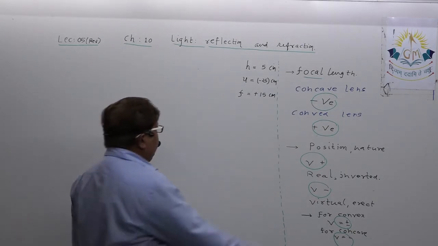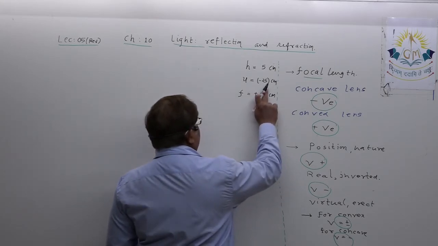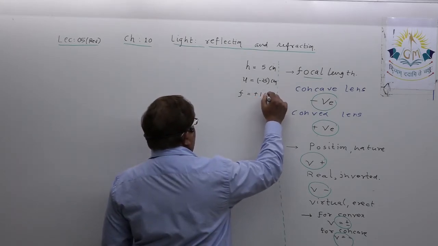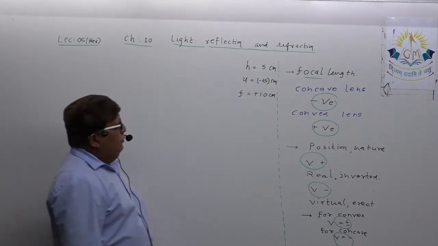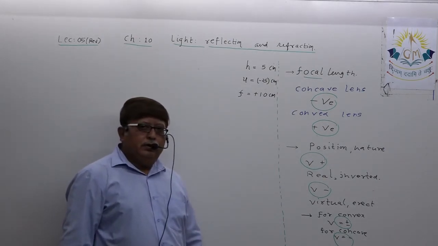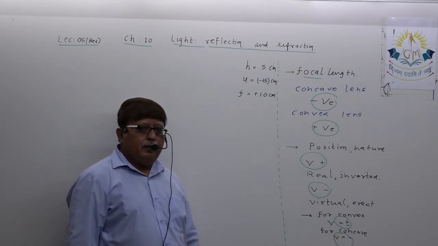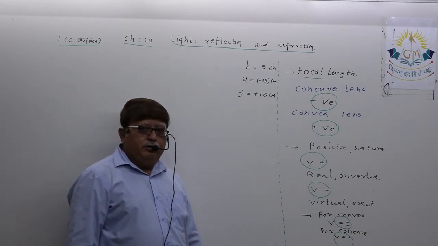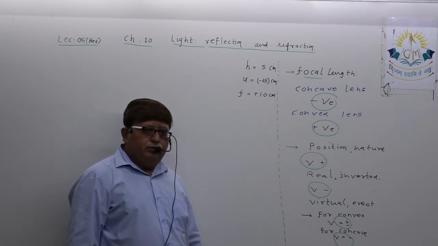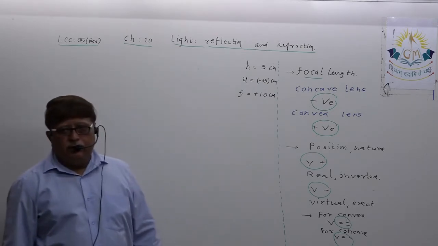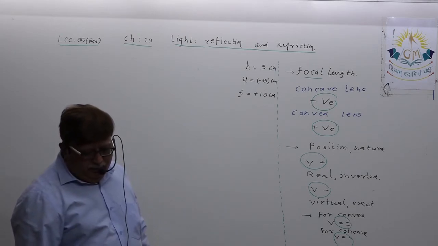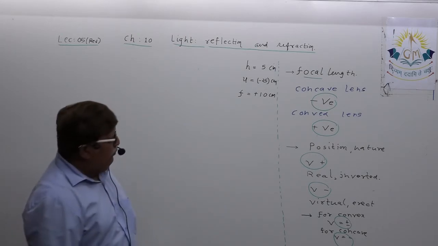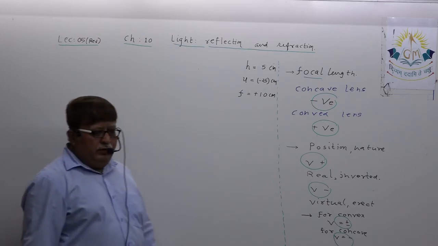It is 10 centimeter. Let me correct it, okay? Now, dear student, what they have actually asked is to draw a ray diagram and find the position, nature, and size of the image.